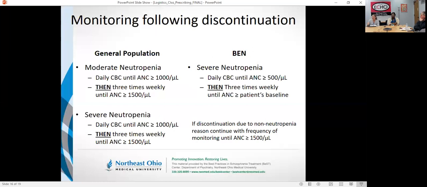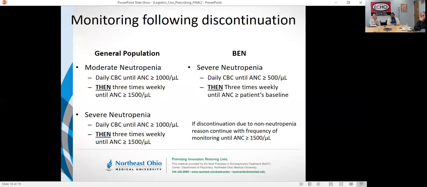If the patients have stopped the clozapine for another reason, there's one other monitoring piece that needs to be done. So after they stop clozapine, for the next 2 weeks, it's important that they're monitored for any fever. If they develop a fever over 101.3, then it is recommended that another CBC be drawn just to check their ANC value.